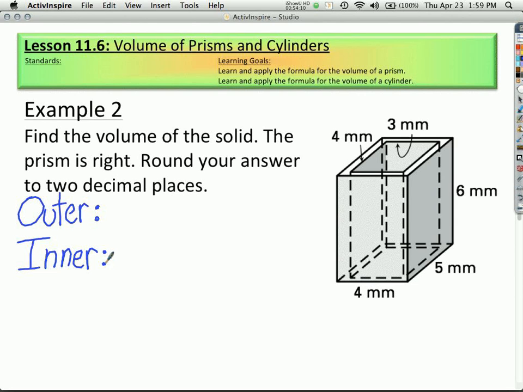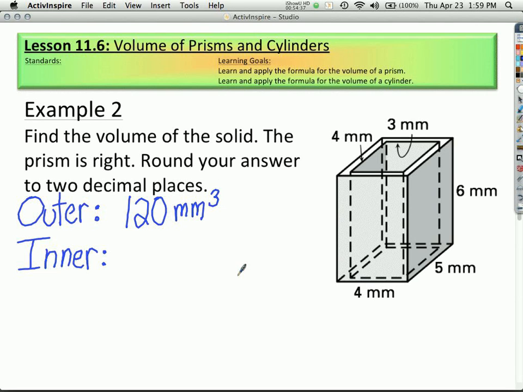Anything could be the base and anything could be the height. In this case, for the outer, this is the base, 4 times 5. That's the base down there. Mental math. Times the height of 6. So what's the volume of the outer? Volume of the outer, Kamoy? So we got 120 cubic millimeters.